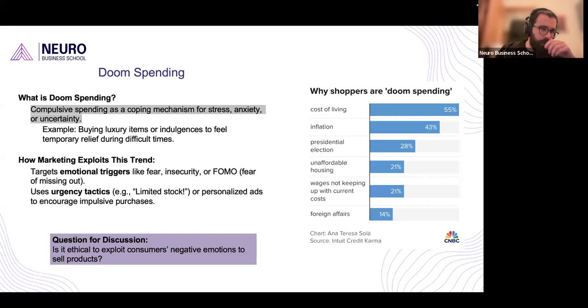If you have an e-commerce website and you really want to get as many impulsive clicks as possible, this can be a problem in the future, because then you will deal with a lot of refunds, with a lot of people trying to send the product back.